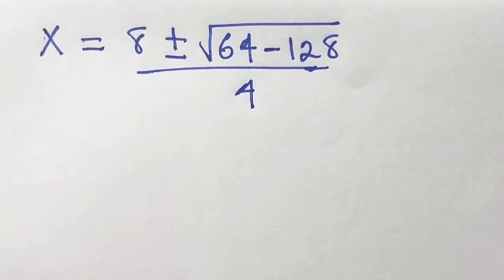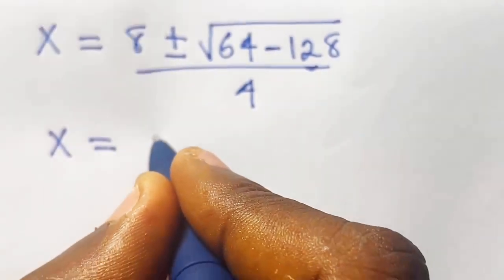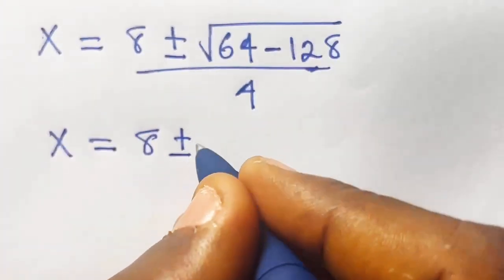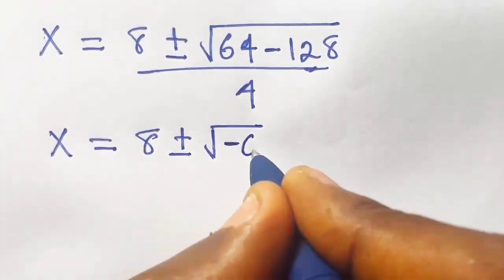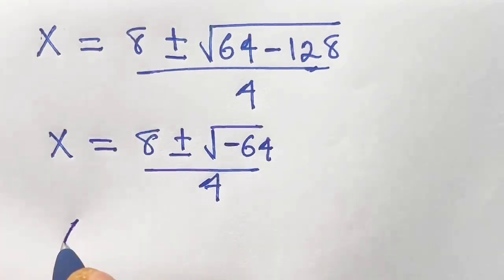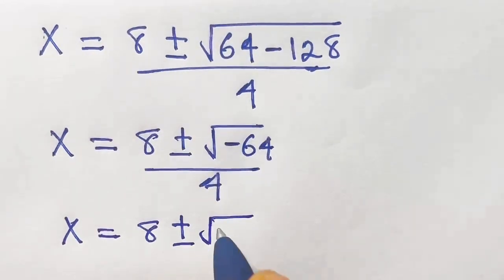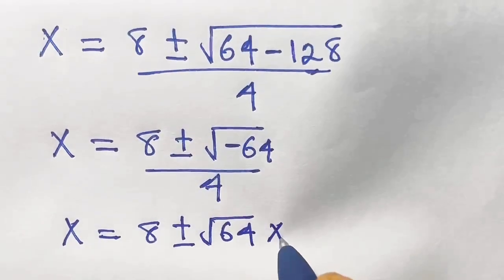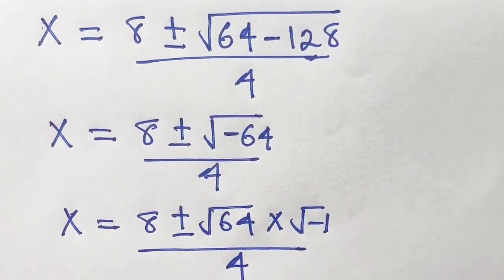Now 64 minus 128 gives us −64, so x = (8 ± √64 × √−1) / 4.